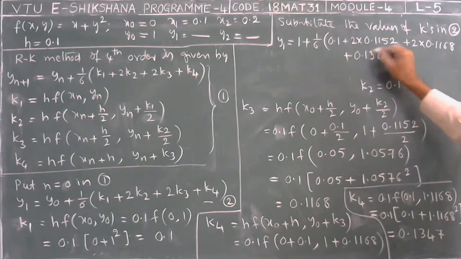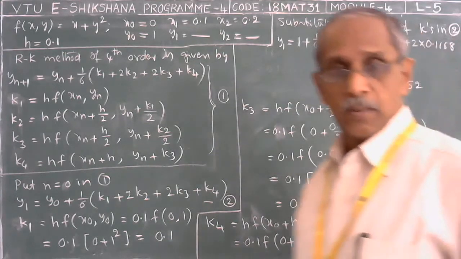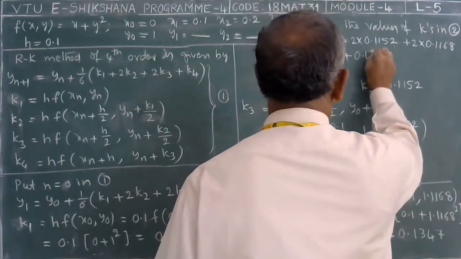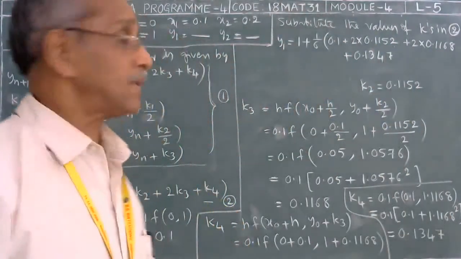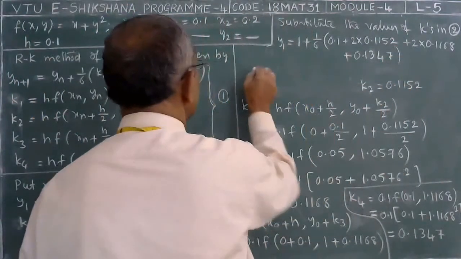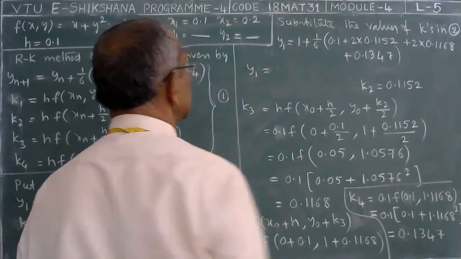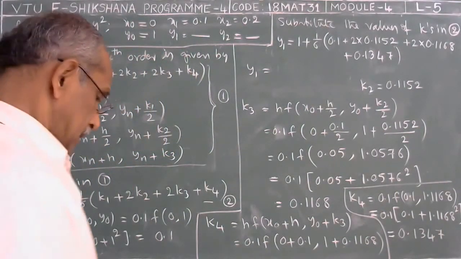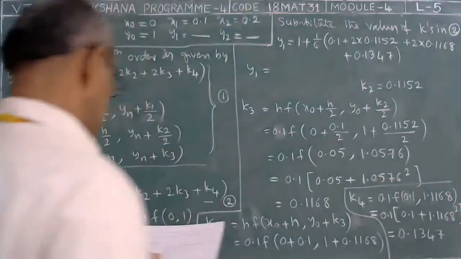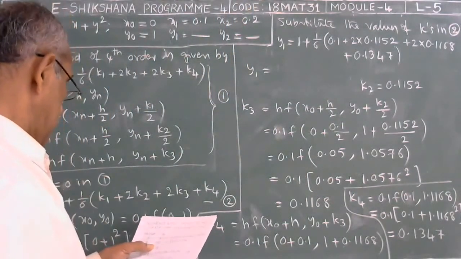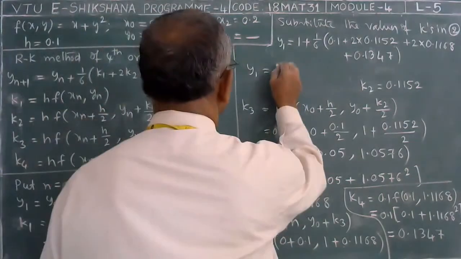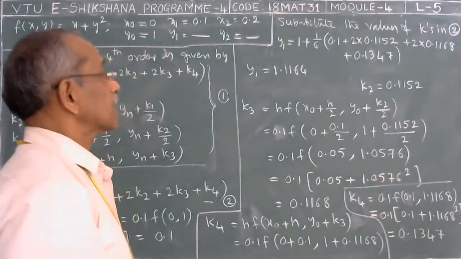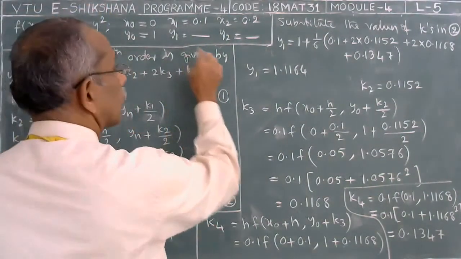Using a calculator, you get y1 is 1.1164.